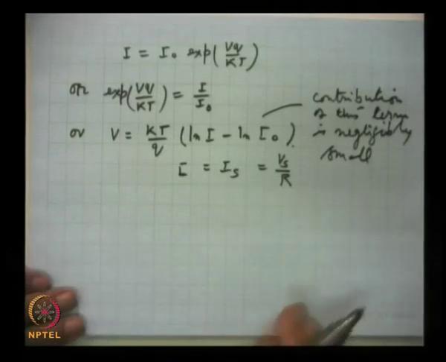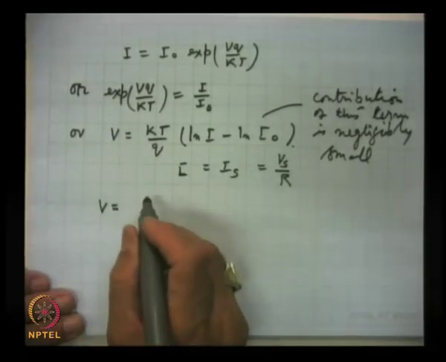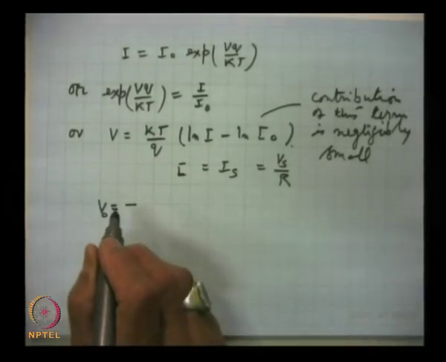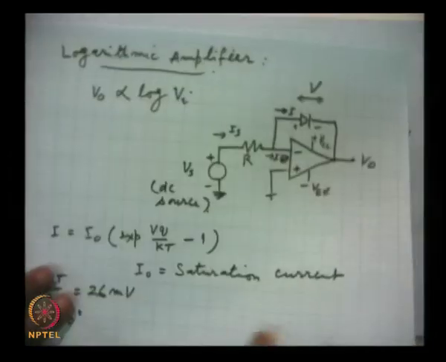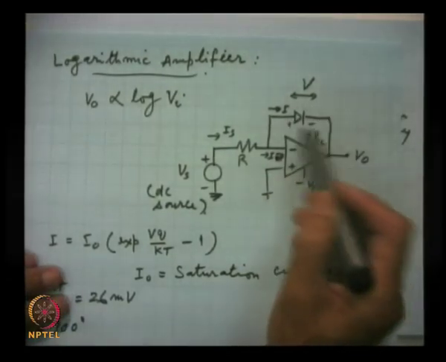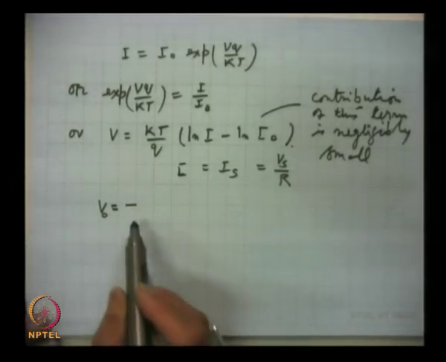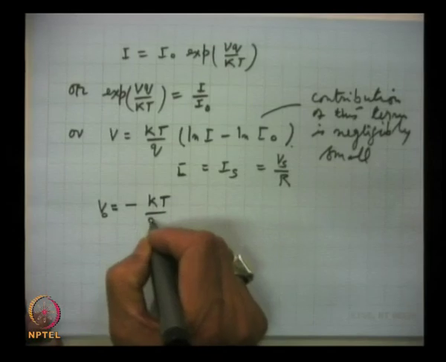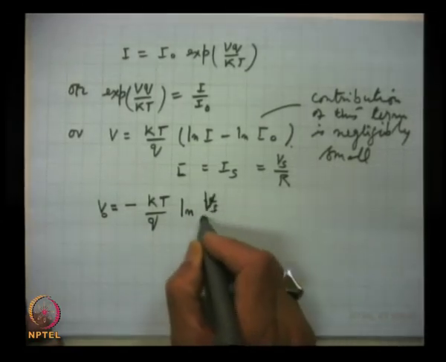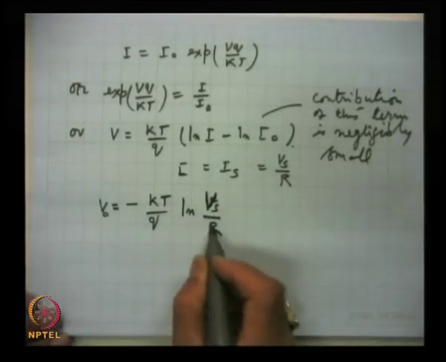So we neglect that. In that case, this V will be equal to V0, because this is the voltage developed across this, and because it is inverting, with a minus sign it will be minus KT by Q into log Vs by R. Thus, this is a constant.